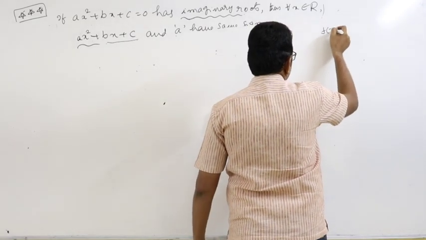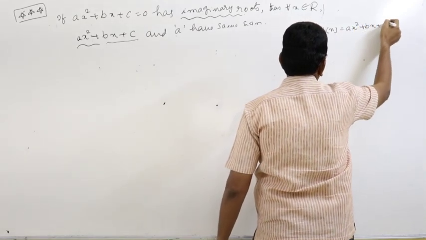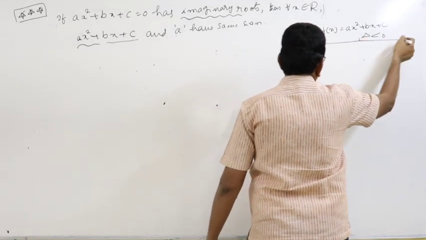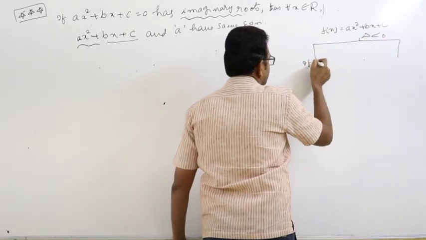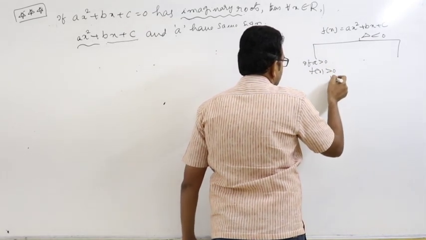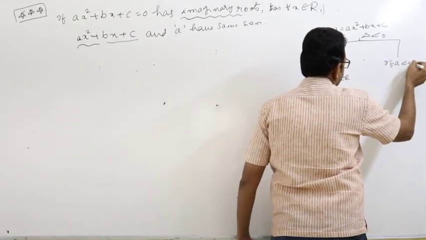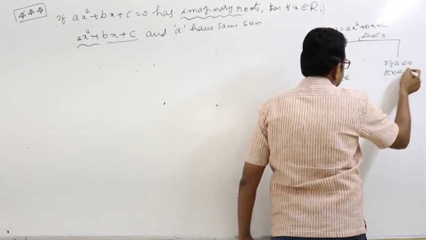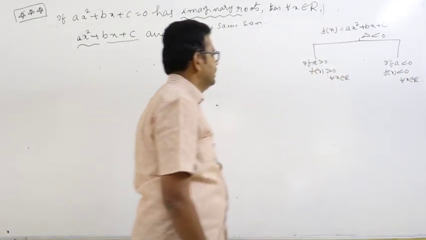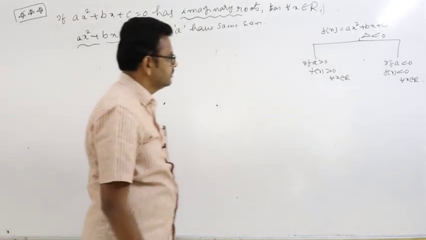Once again, f of x is equal to ax square plus bx plus c, delta less than 0. If a is positive, f of x is greater than 0 for all x belongs to R. If a is negative, f of x is less than 0 for all x belongs to R. a positive, expression is positive. a negative, expression is negative.